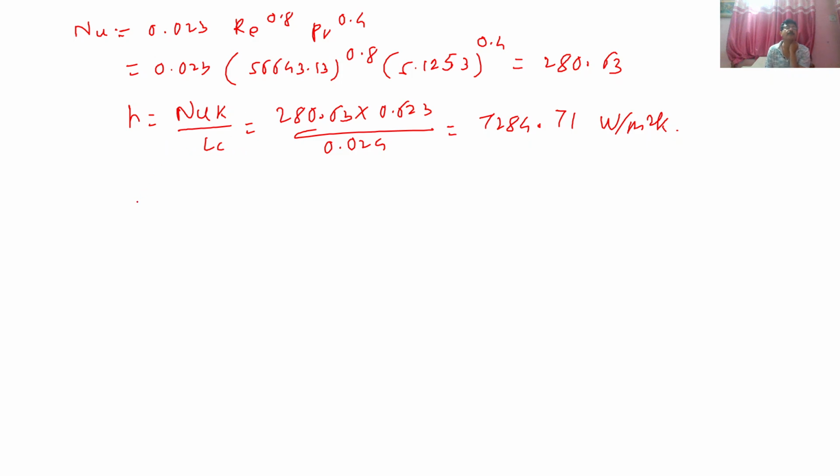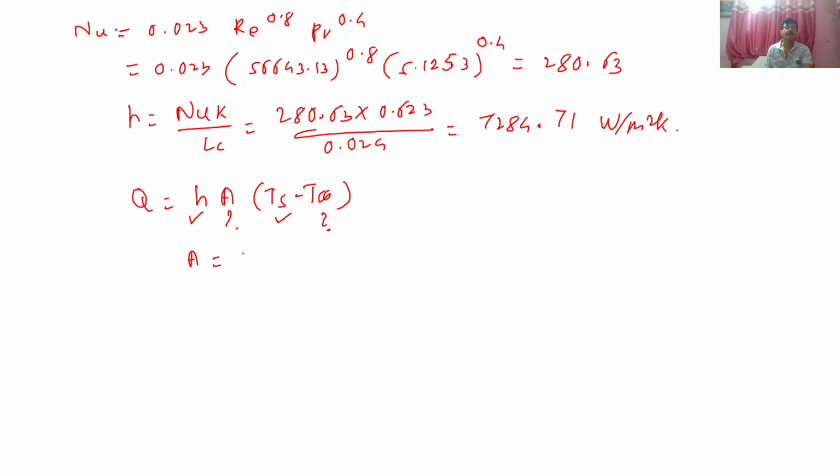To get the value of heat transfer rate. Q is equal to, by Newton's law of cooling, H A (Ts minus T infinity). Okay. So in this case I know H, I know Ts, T infinity is unknown, area is unknown. So we'll go one by one. What is area?